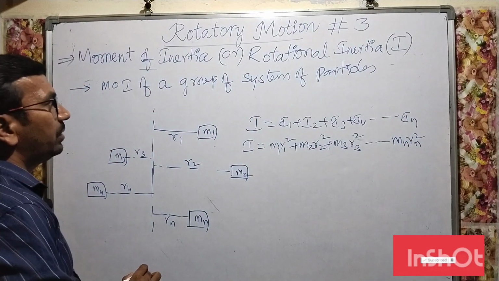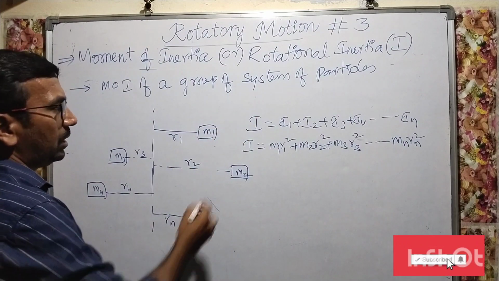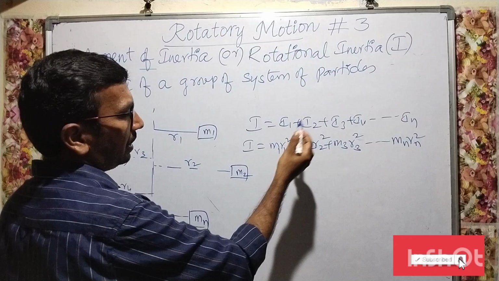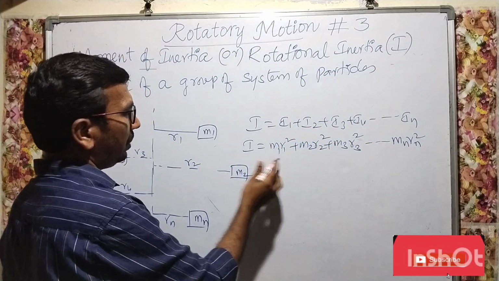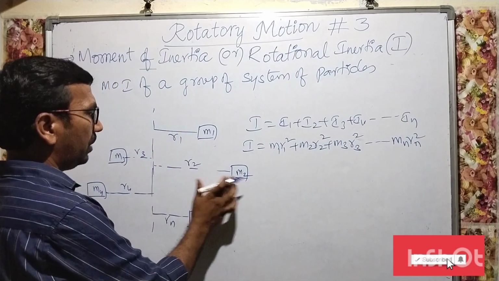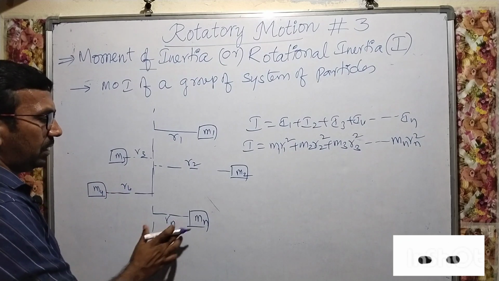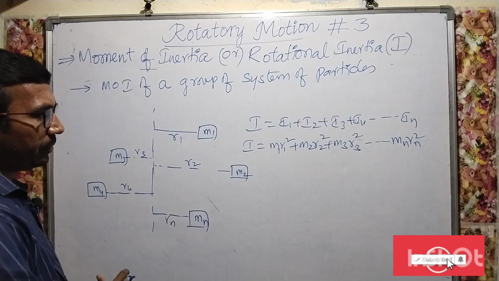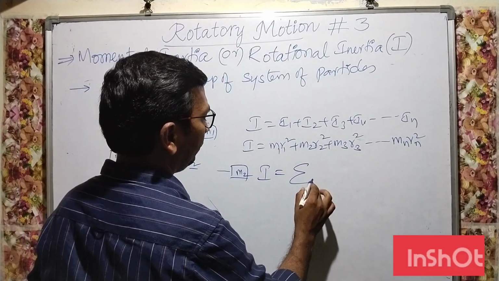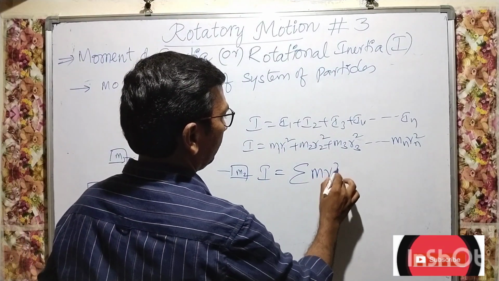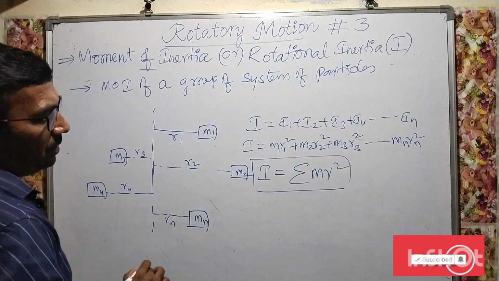So I is equal to summation of m r square. This is the formula for a group of system of particles.